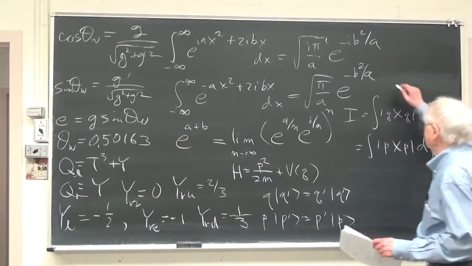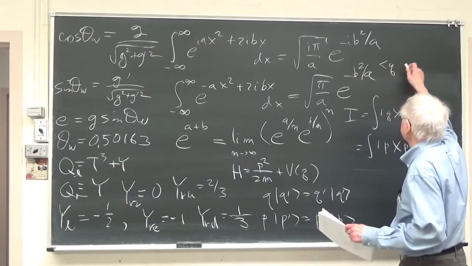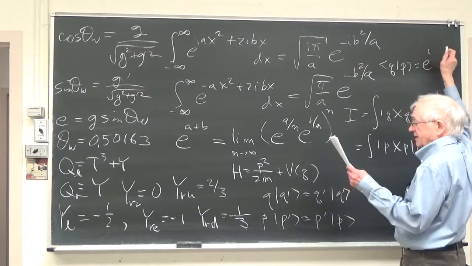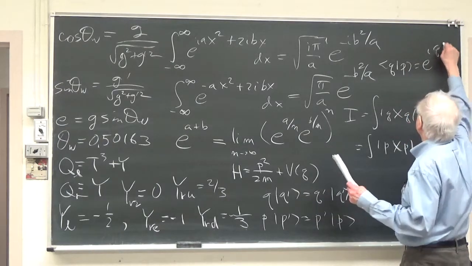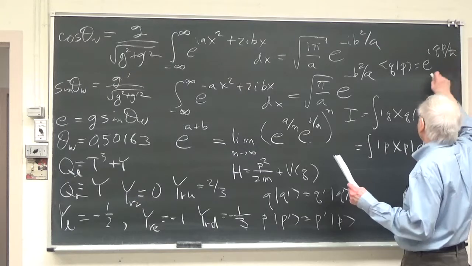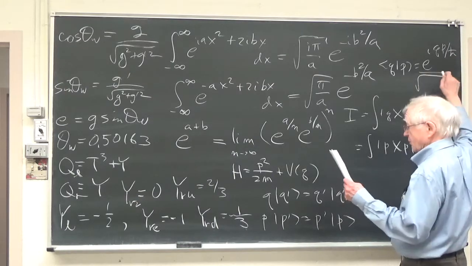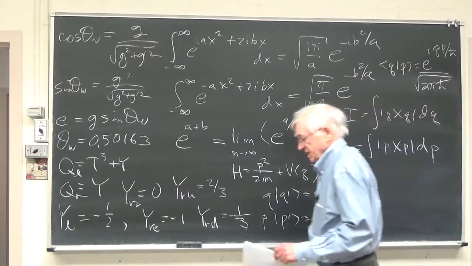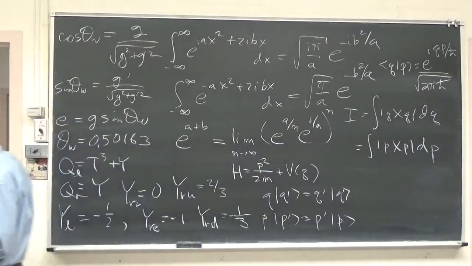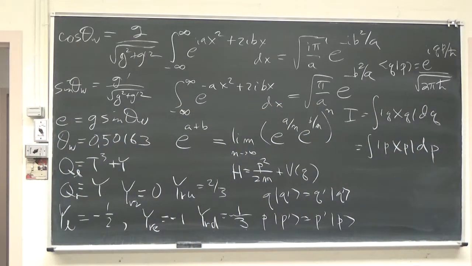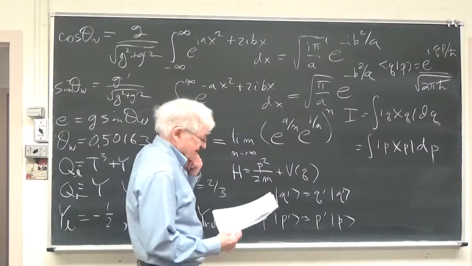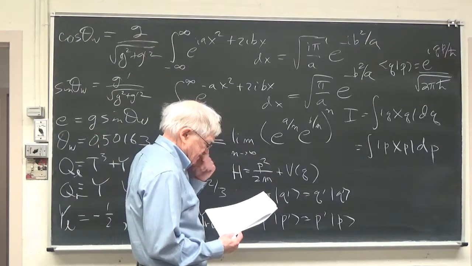One more thing that you learn in elementary quantum mechanics is that <q|p> is e to the i, let me get the phase right, qp over h bar, divided by the square root of 2 pi h bar. So these are the basic formulas of quantum mechanics.